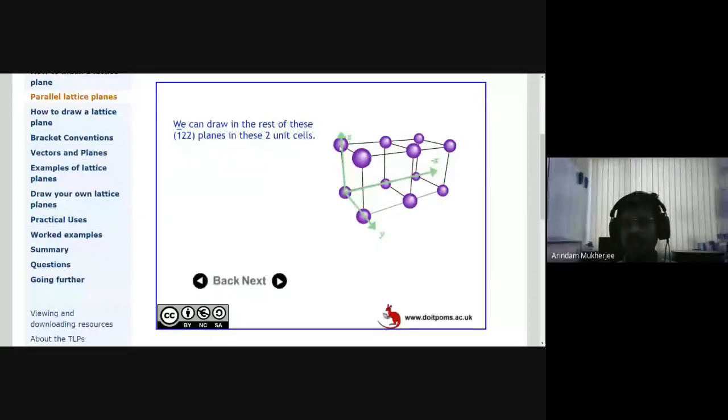Is that clear to you? 1 1 1. The plane will be from here, Z, and then this Y. This is 1 1 1. X axis intercept 1, Y axis intercept 1, Z axis intercept 1. At this plane, if I look from this point as origin or this point as origin, they will be the same plane. You get it? Because it is only multiplied by -1.